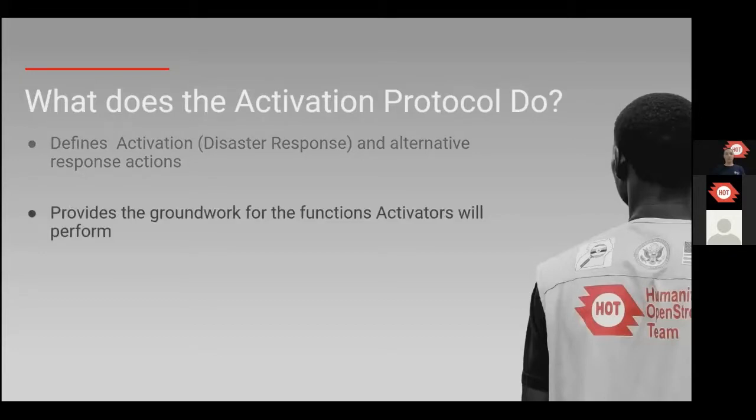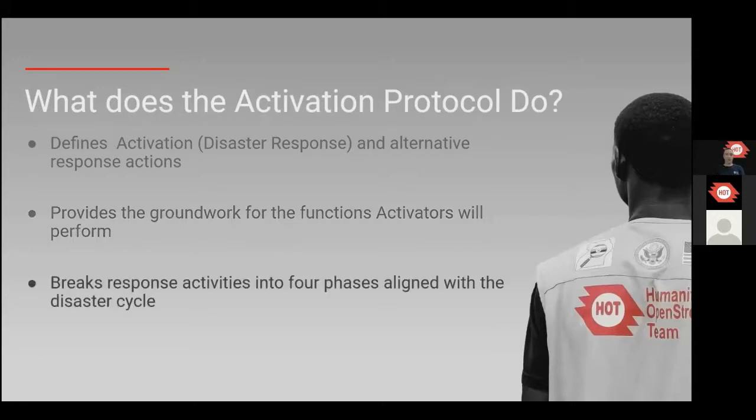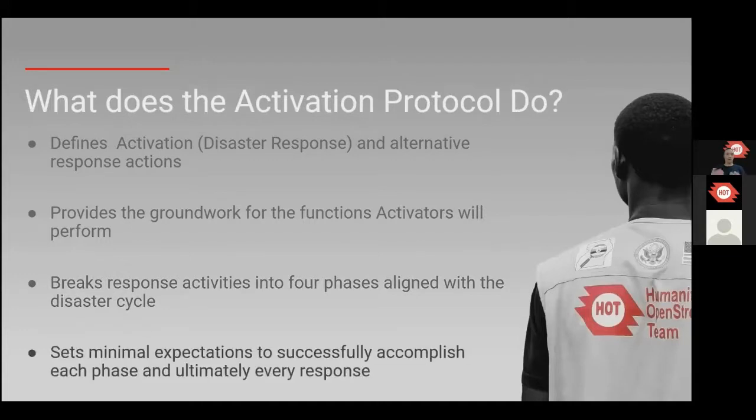The third thing is that it breaks response activities into the 4 phases, which we'll get into with the disaster cycle. And lastly, it sets a minimum expectation to successfully get through those phases and ultimately have a successful activation.